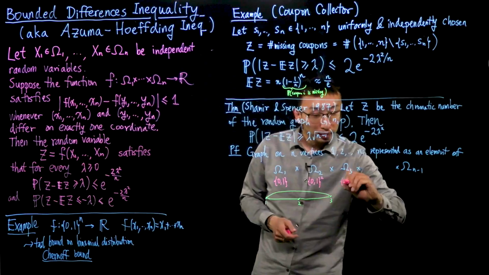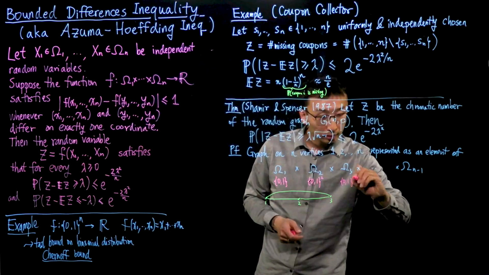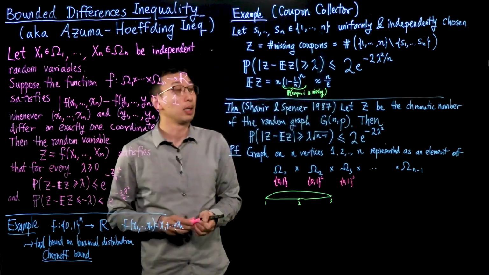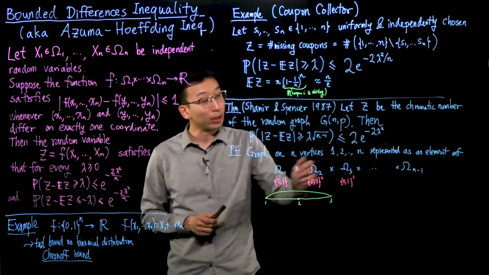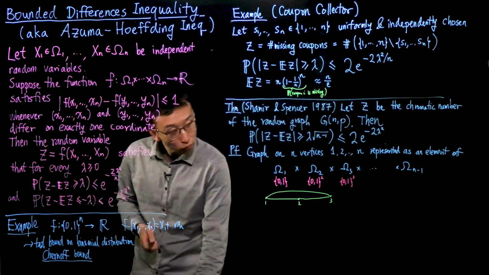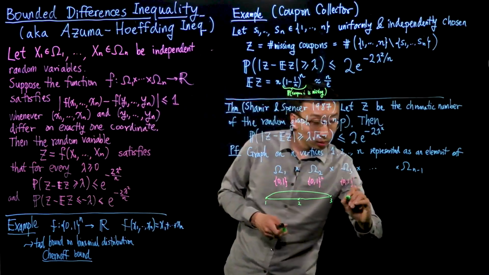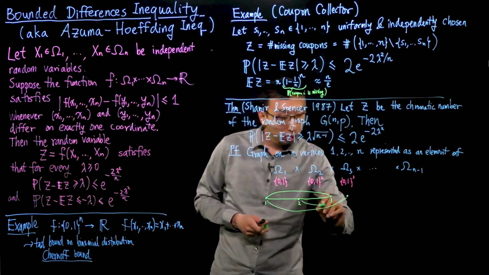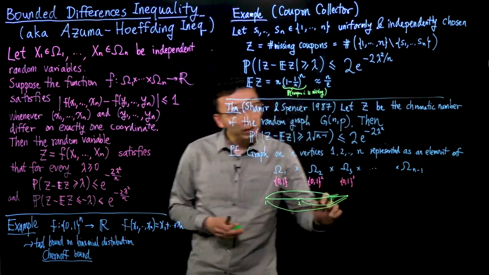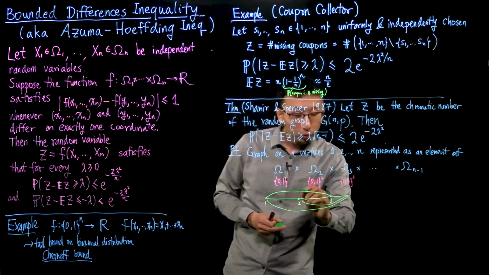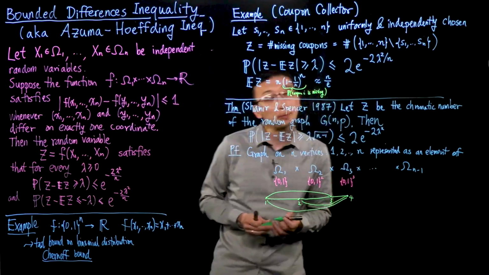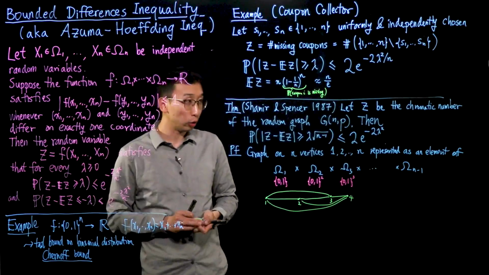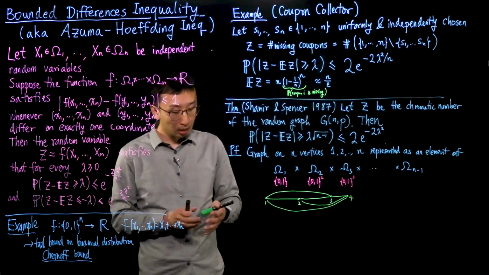And Omega 3 is now {0, 1} raised to the third power. And here, these 3 bits record whether the 3 edges from 1, 2, and 3 to the 4th vertex are included or not included in this graph, and so on.